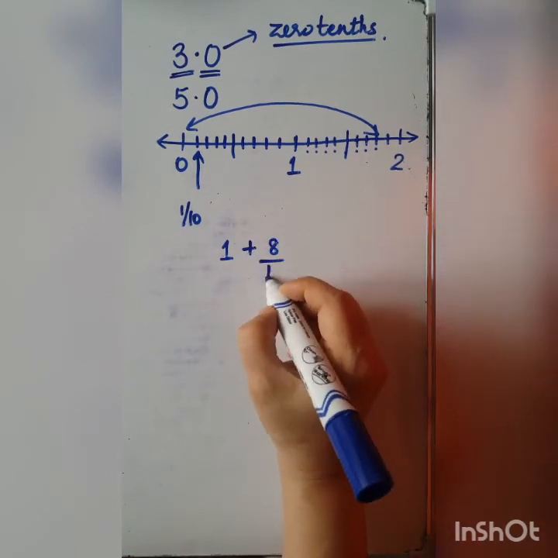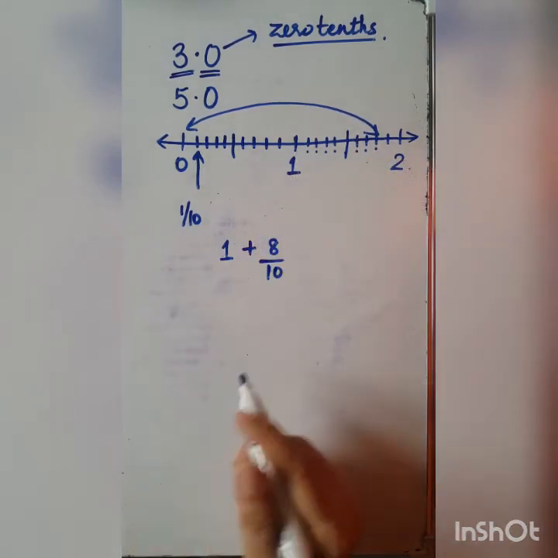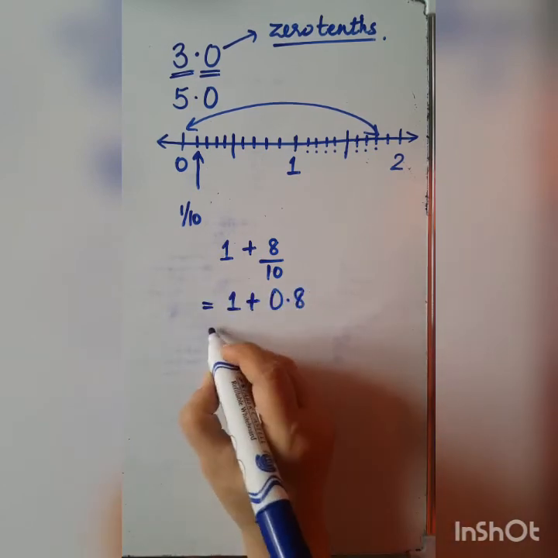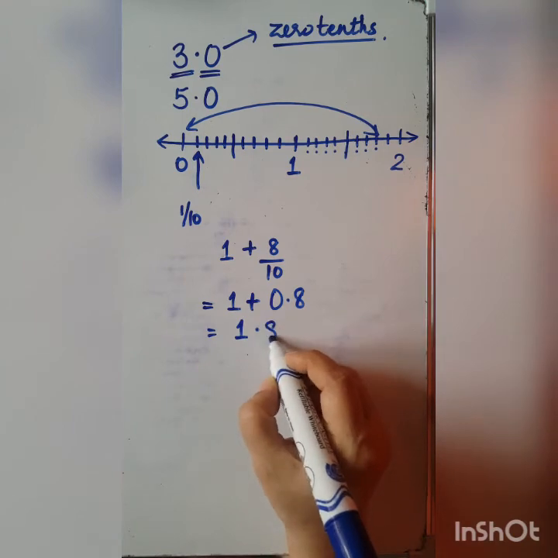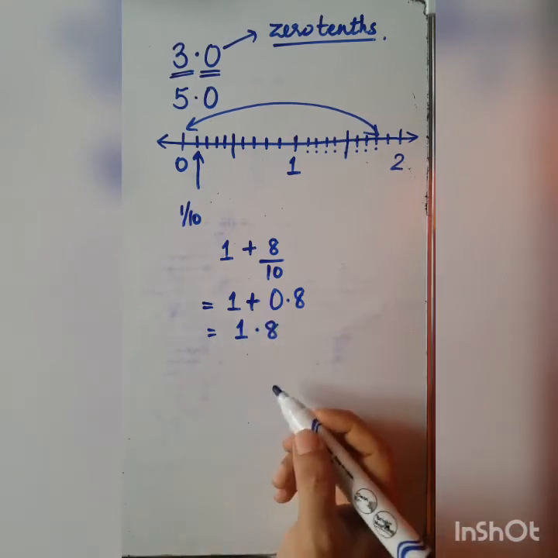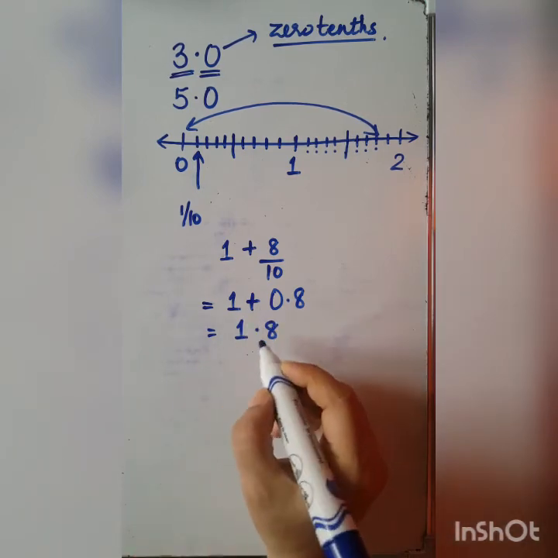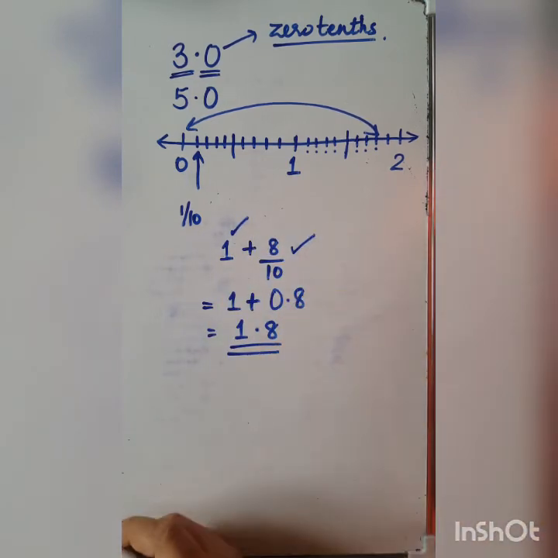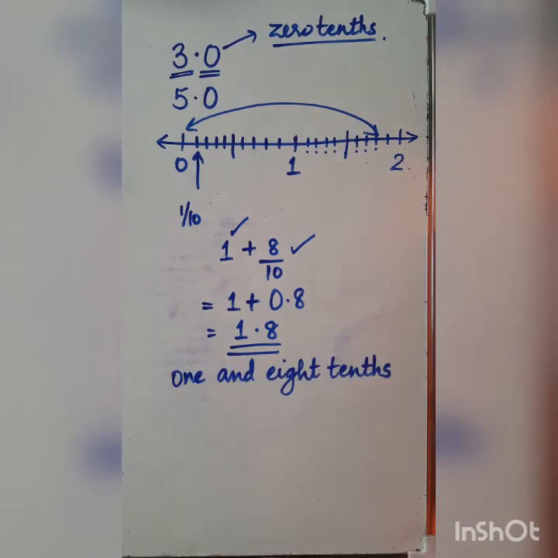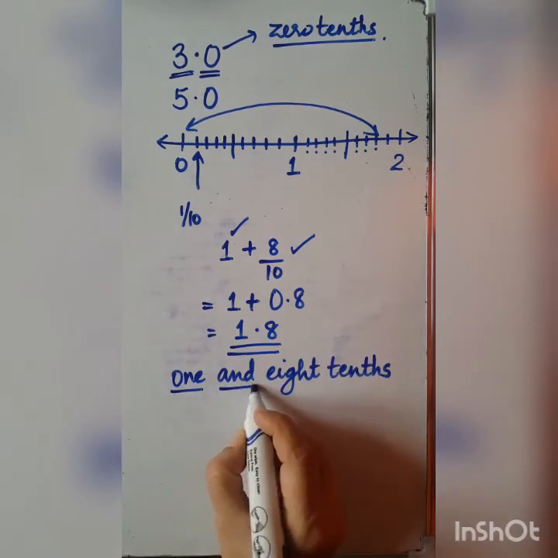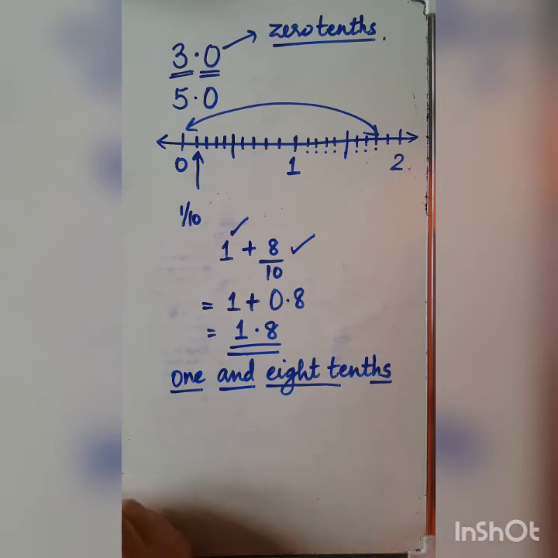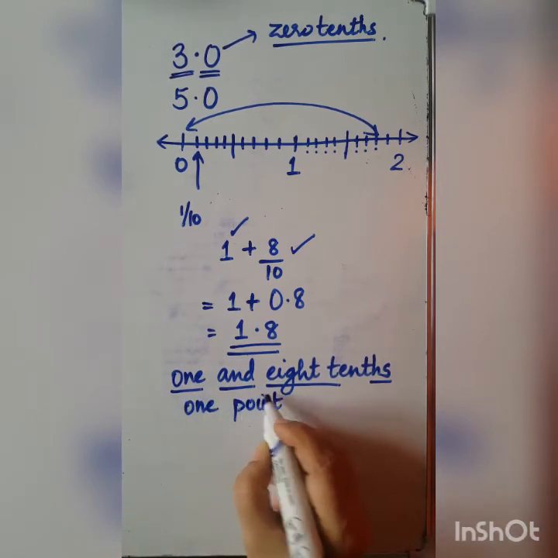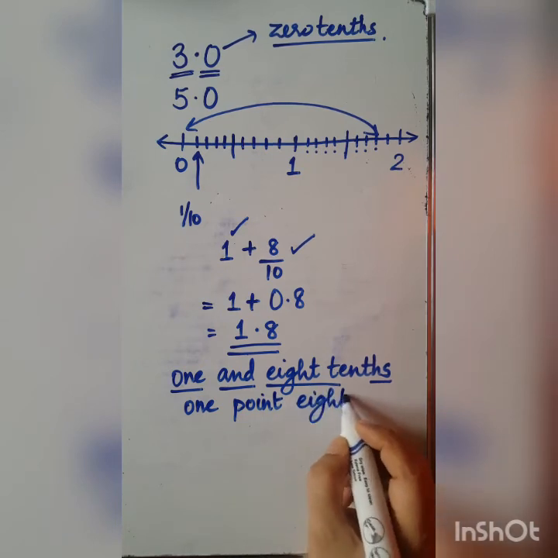That means 8/10 of the next number. This can be written as 1 plus 0.8 or simply 1.8. So this number represents 1 whole and 8 tenths and is read as 1 and 8 tenths or 1.8.